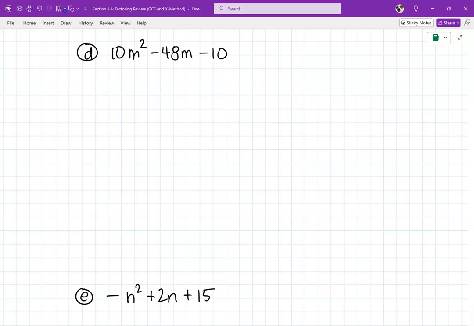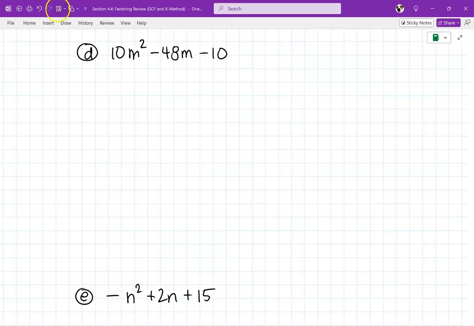But I should be able to factor this before I do the X method. What number can divide 10 and 48 and the other 10? A 2. A 2 can divide that. Anything bigger? A 5 can divide 10 but not 48, and 10 doesn't divide 48. So yeah, 2 is going to be the best number.